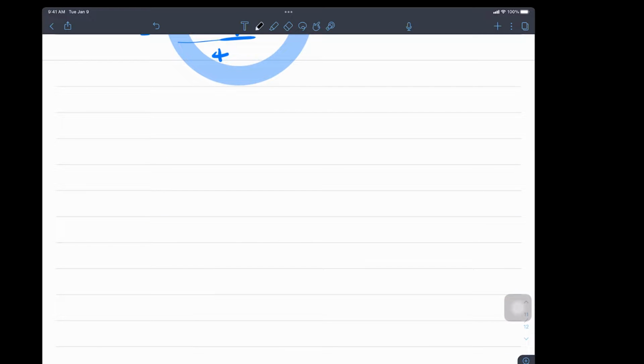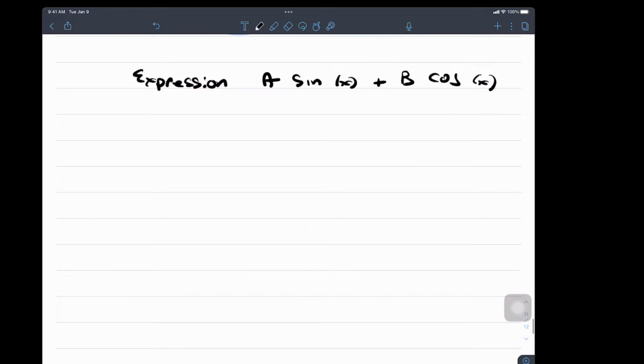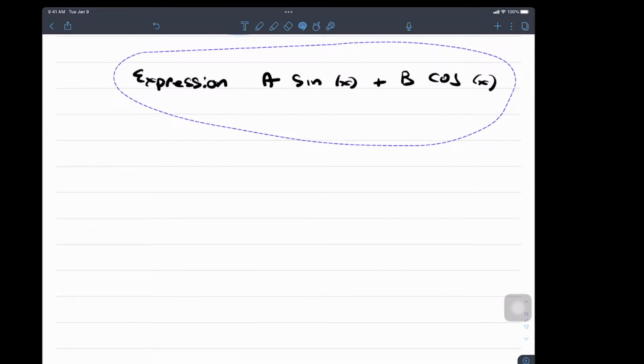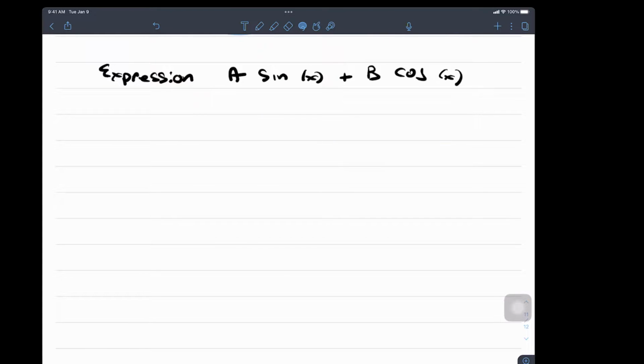In other words, if you are ever given an expression of this form, A sine x plus B cosine x, I'm going to prove to you this because sometimes, like in science, they may have a physical application where you have A sine x plus B cosine x.